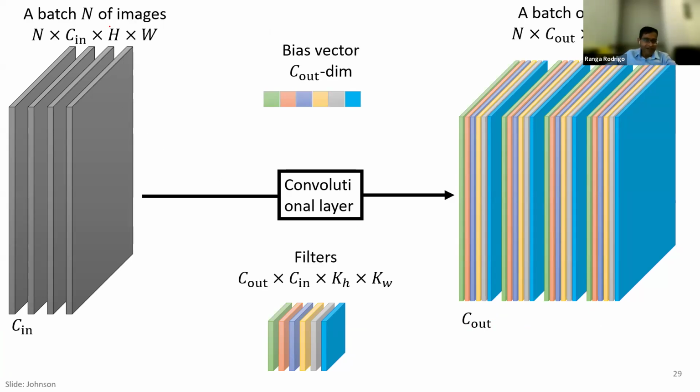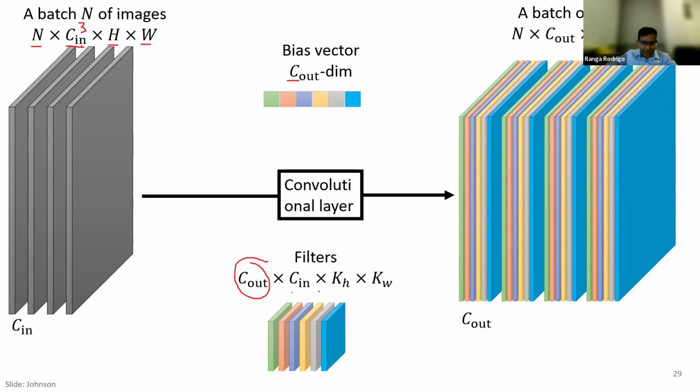In slightly more general terms, assume that there are N images in the batch. Each image has 3 channels, it's a color image, and then H times W is the height and width of the image. Then you have C out convolution kernels.